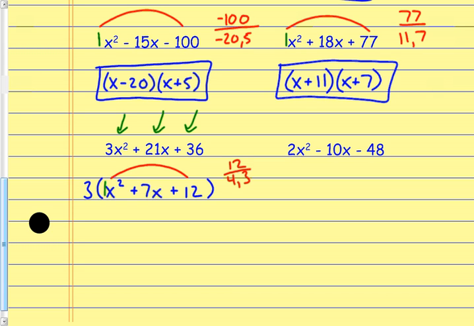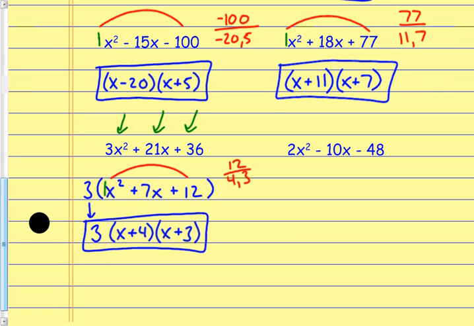Since it has a leading coefficient of 1, I can use my shortcut, which means I can go right to the x plus 4 because I had a positive 4, and the x plus 3 because I had a positive 3. And then this guy right here just tags along for the ride. So I had a greatest common factor of 3, and then the trinomial that was left factored into an x plus 4 and an x plus 3. So I saved myself a lot of work by factoring out the greatest common factor first.